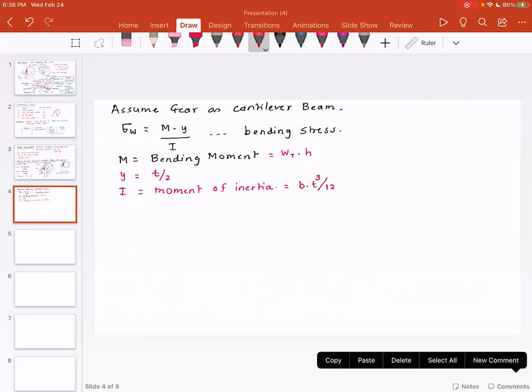Just to give you an approximate understanding, this is just the basic approximation.